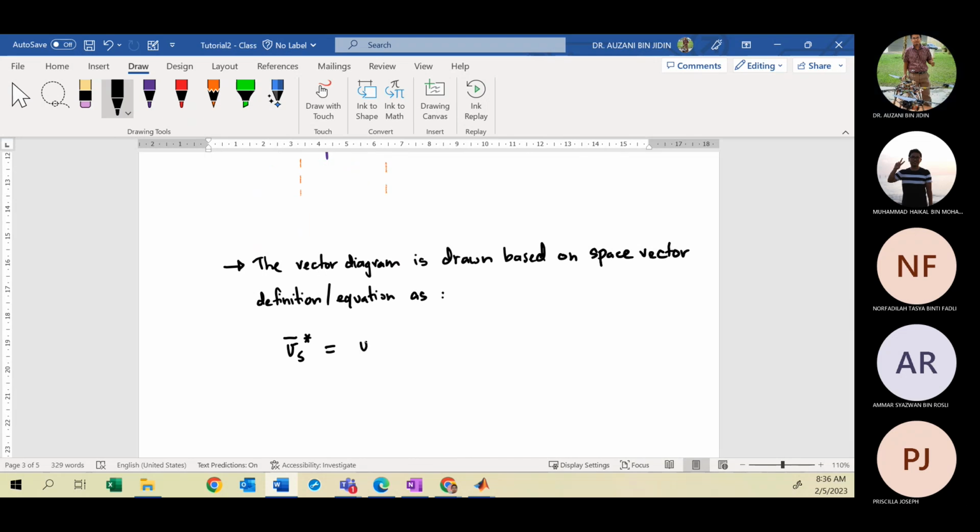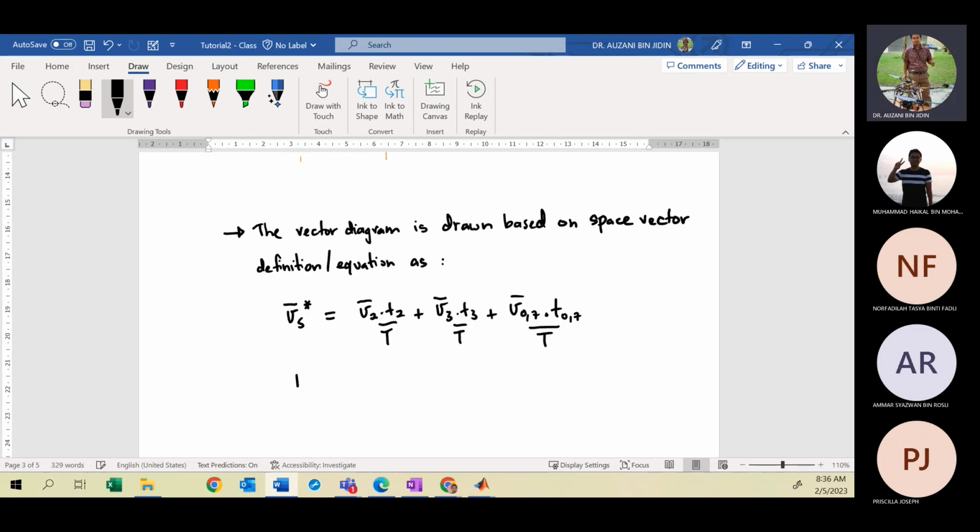So you have V2 multiplied by its ratio, then you have V3, and the zero vector, T0/7 divided by T. Where T is the sampling period, which is the summation of T2 plus T3 plus T0/7.